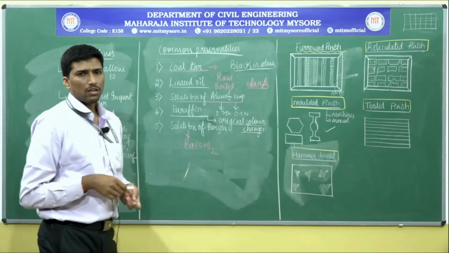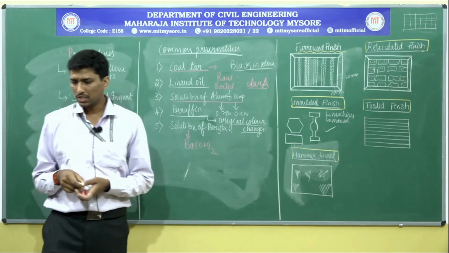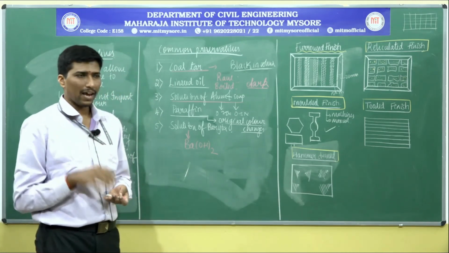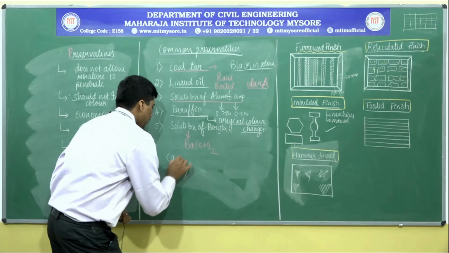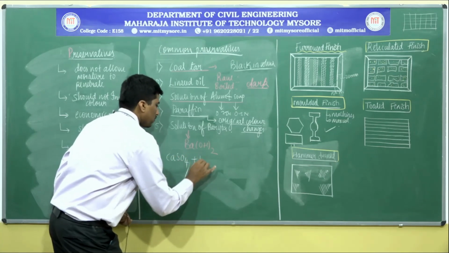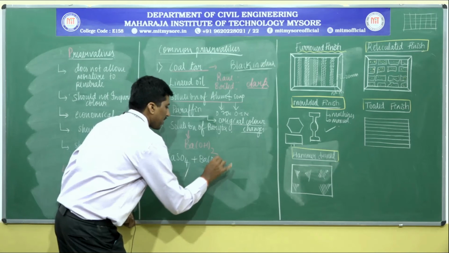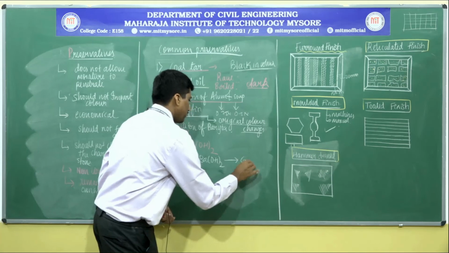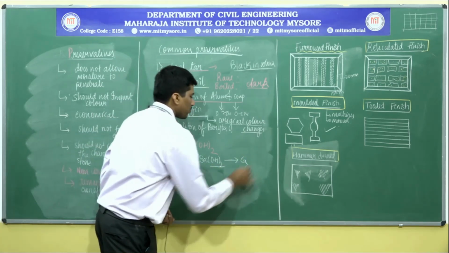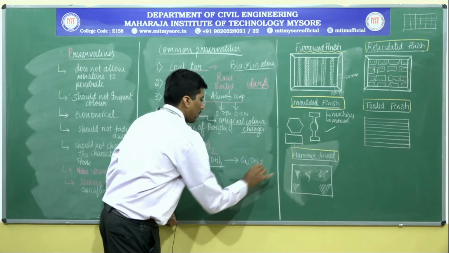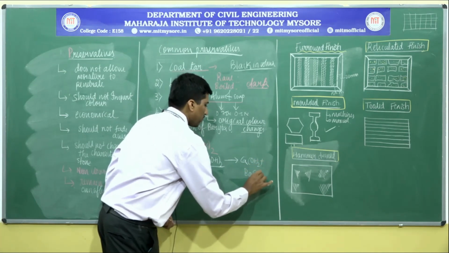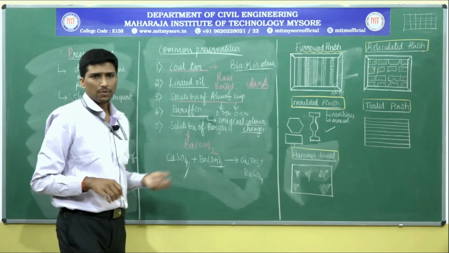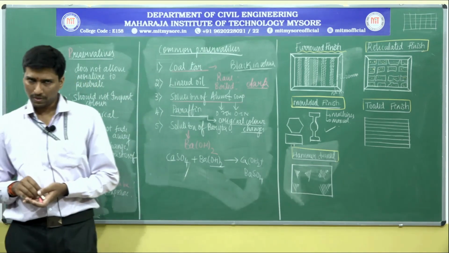If some constituent is present on the stone surface, such as calcium sulfate, when the barium hydroxide is applied, it reacts with it, leading to the formation of calcium hydroxide plus barium sulfate. This chemical displacement reaction takes place when the solution of baryta is used as a preservative.